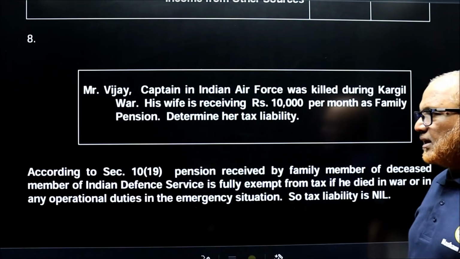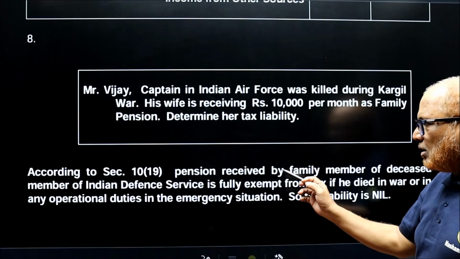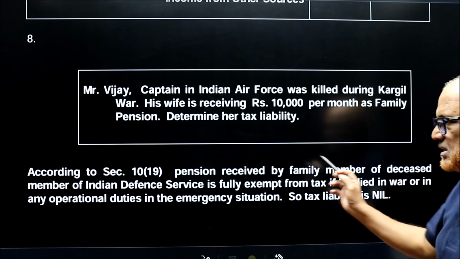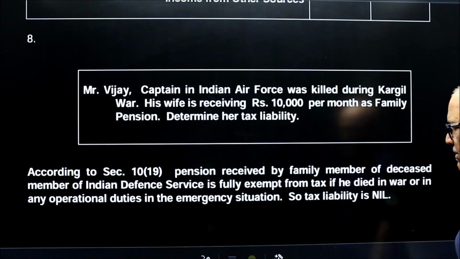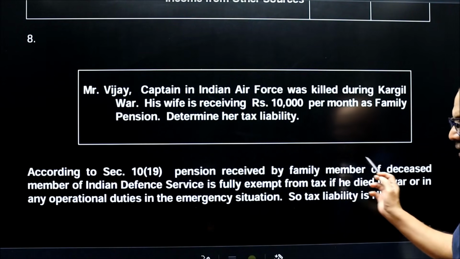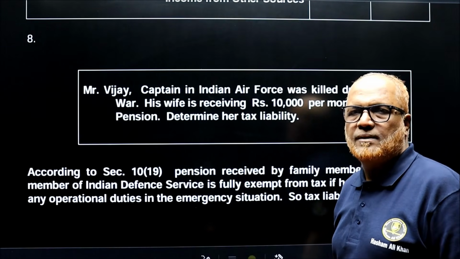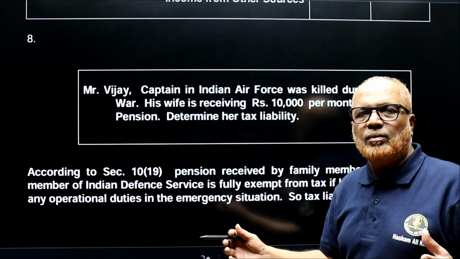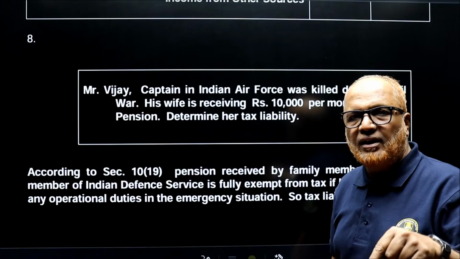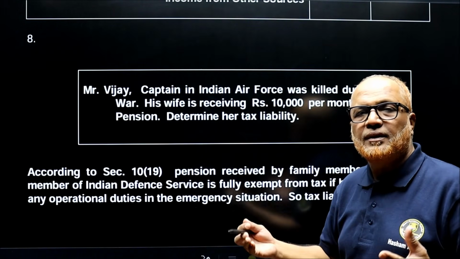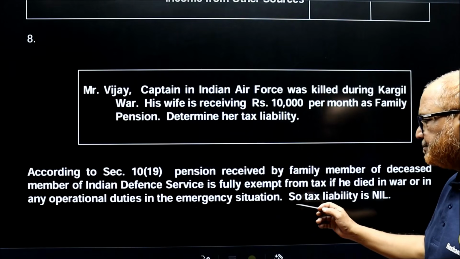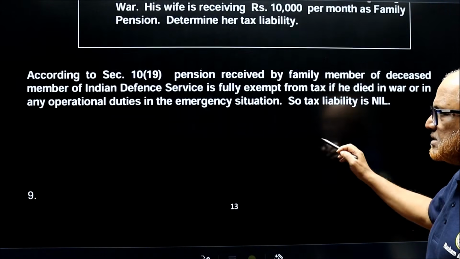According to section 10(19), pension received by a family member of a deceased member of the Indian Defence service is fully exempted from tax if he died in the war or in any operational duties. If he died during normal service, it is taxable. If he died during war time or operational service time, then it is fully exempted. So tax liability is nil.